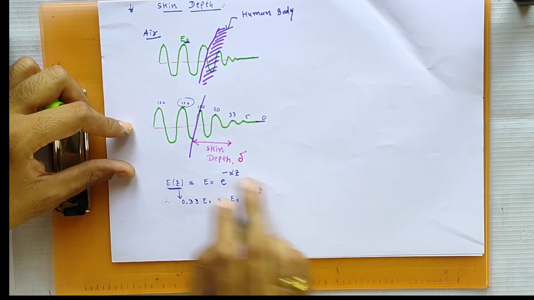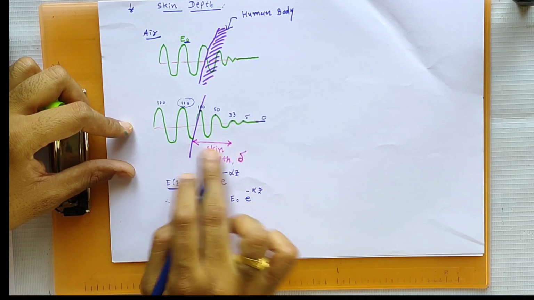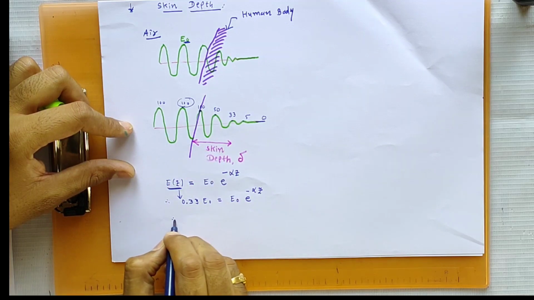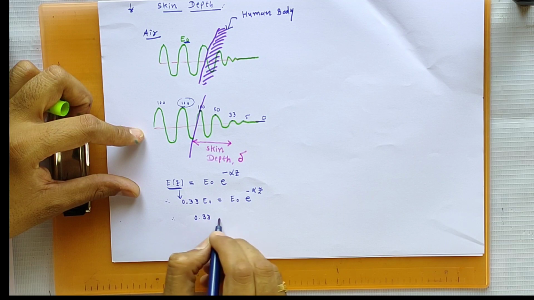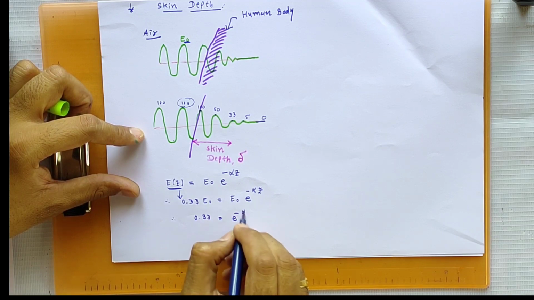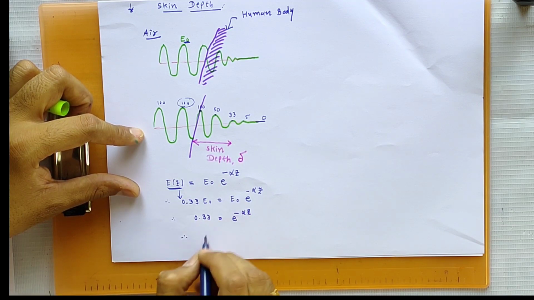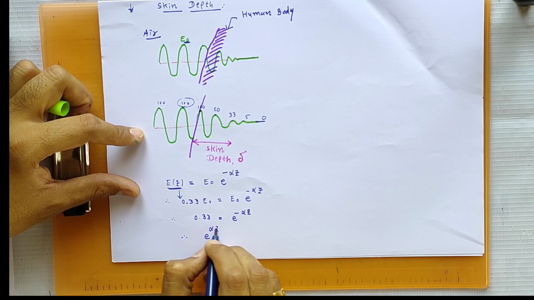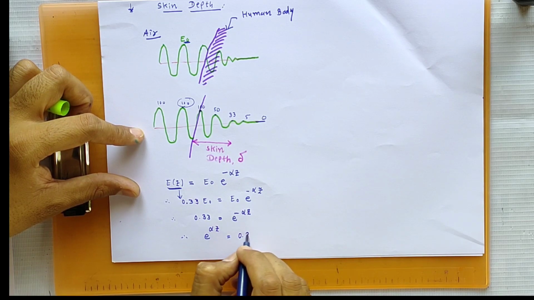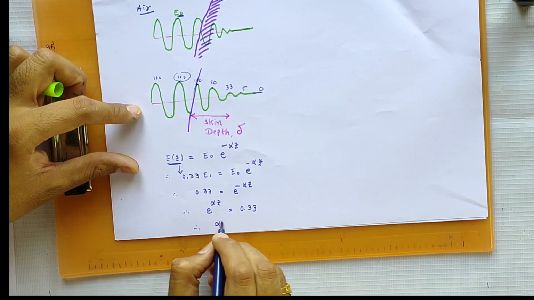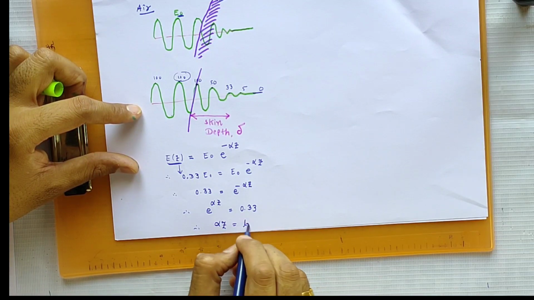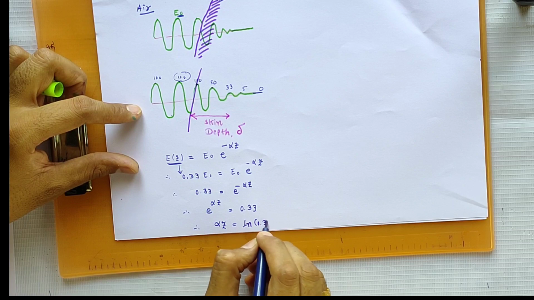What is z? z is the distance traveled by electromagnetic wave inside this good conductor. E0 cancels out, so 0.33 equals e raised to minus alpha z. So e raised to alpha z equals 0.33, so alpha z equals ln 0.33.